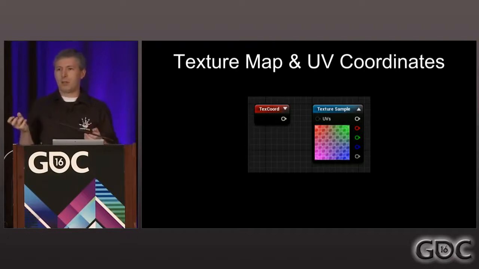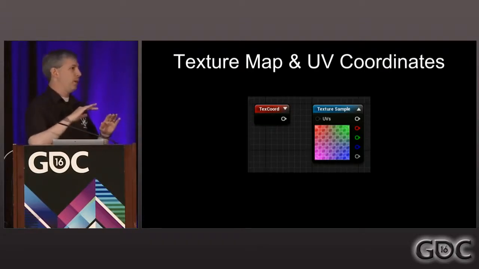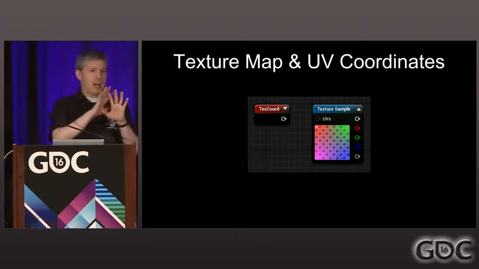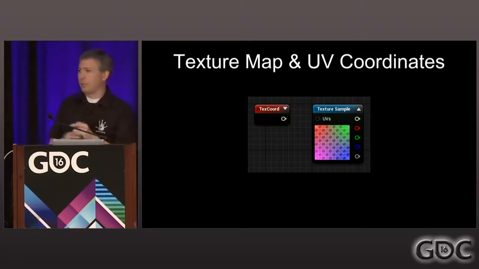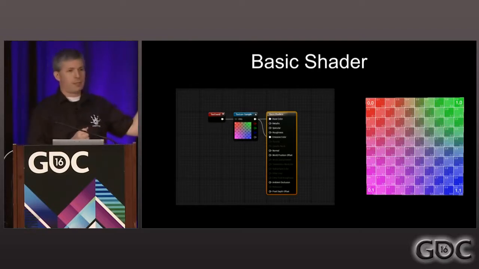So every model, every object or mesh in the game has texture coordinates assigned to it, and those coordinates determine how the texture is applied to the model. Really basic stuff for artists. But to build a shader out of these, and this is one of the most simple shaders, you just wire the texture coordinates into the texture sampler, and then plug the texture sampler into the base or root node of the shader.